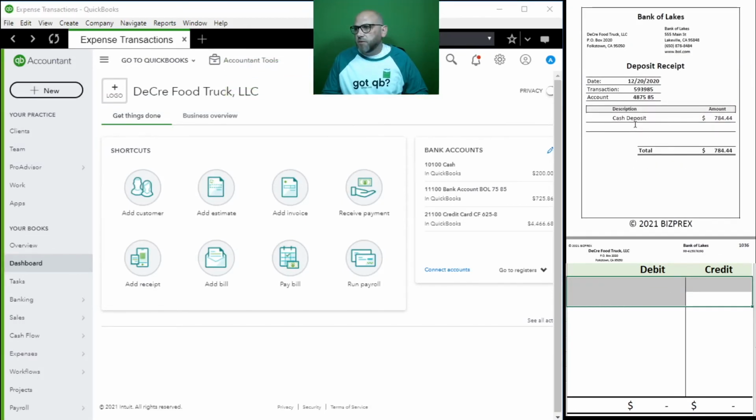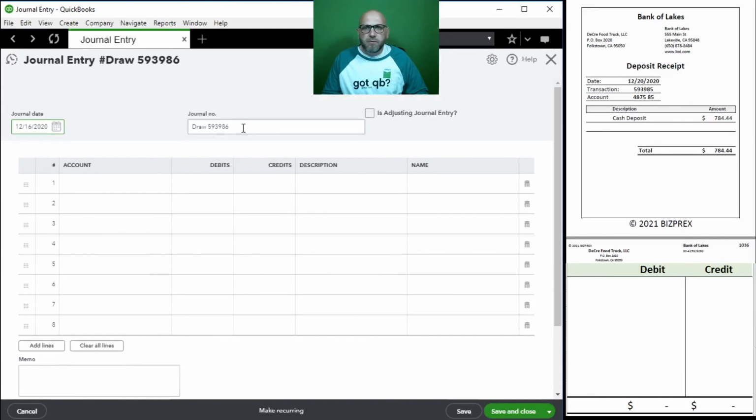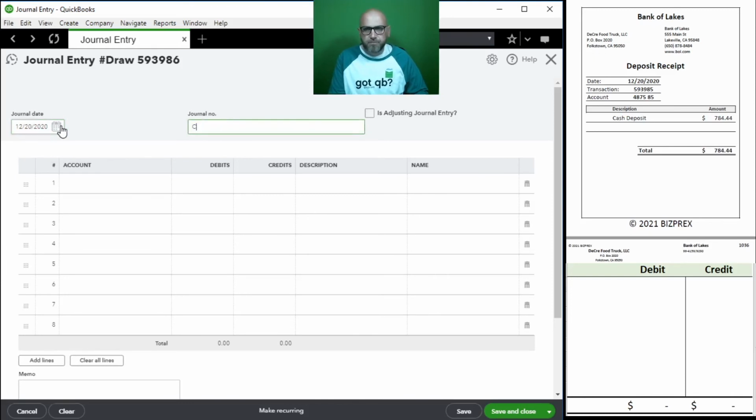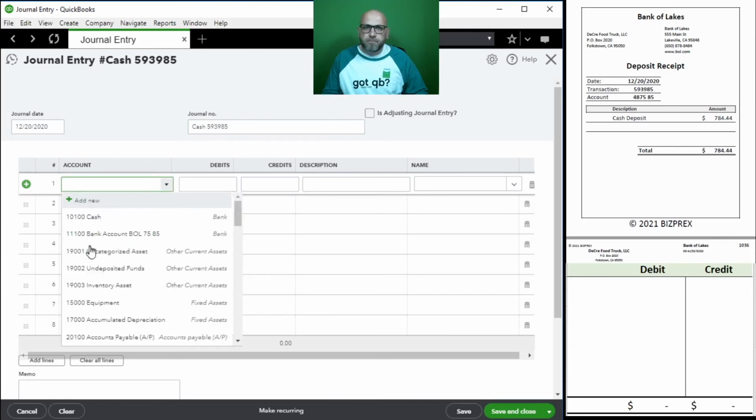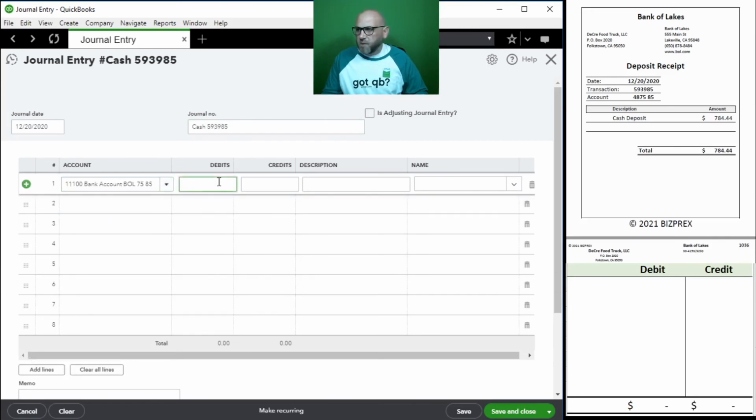Okay, we have another cash deposit. We know those by now, all right? So general journal entries. We're good. Okay, bank account goes up, being an asset, right?